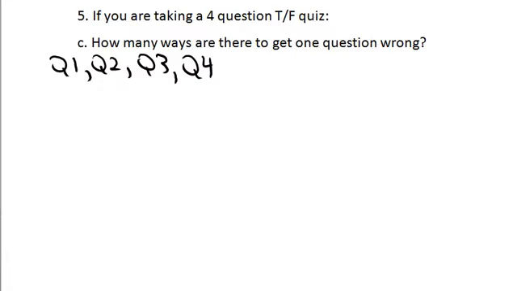If I wanted to get 2 questions wrong, I'd be choosing two pieces of paper from the bowl. If I want to get 3 questions wrong, I'd pick three pieces of paper from that bowl, and the question numbers I choose are the ones that get counted wrong. So in that sense, you could think of this as a combination problem.